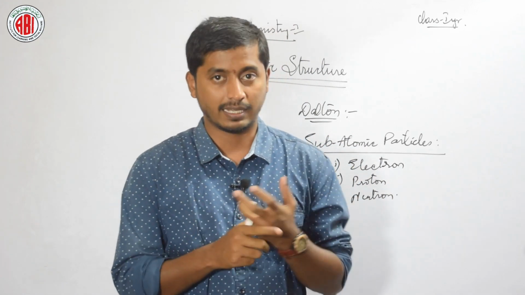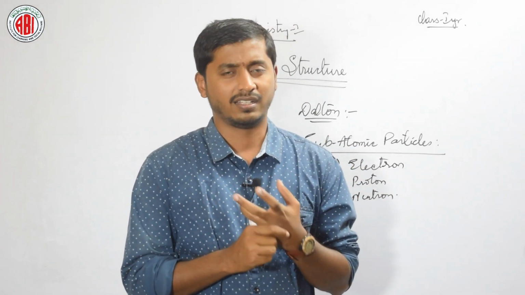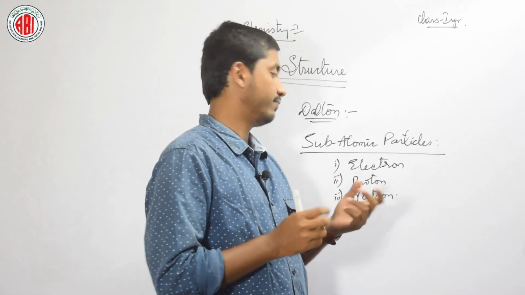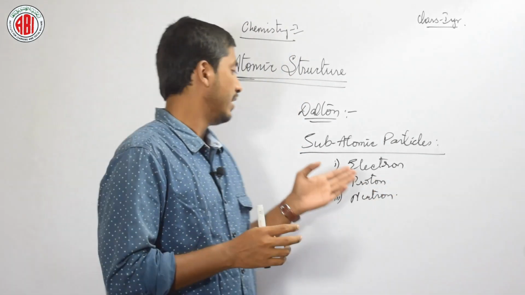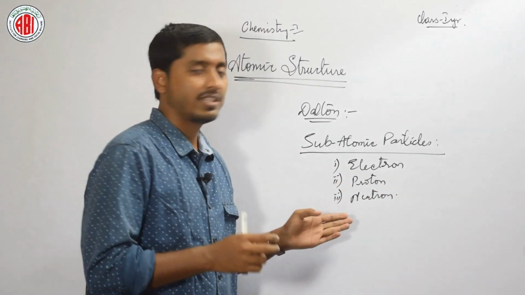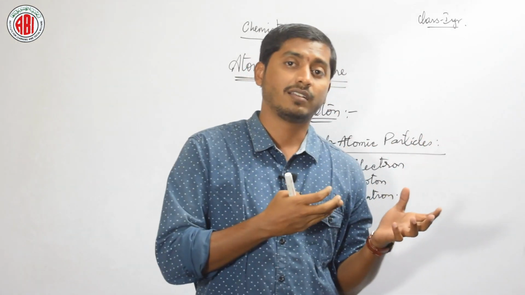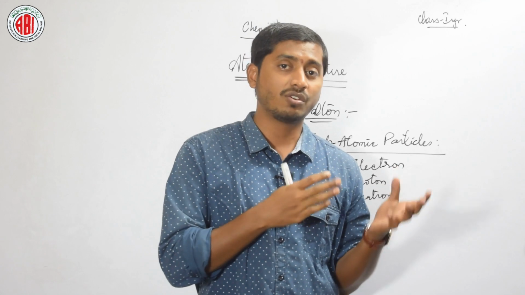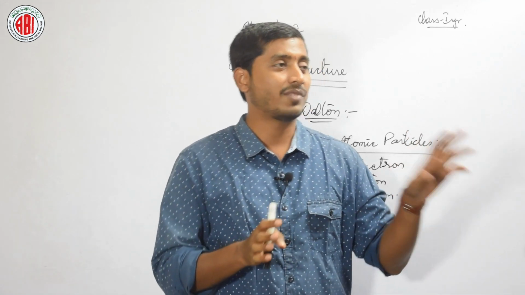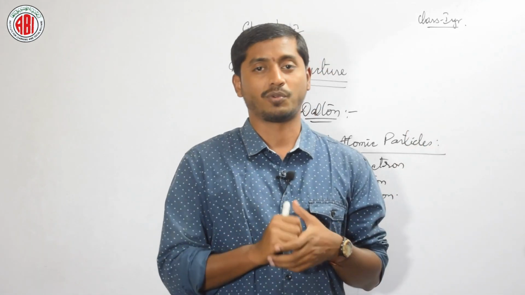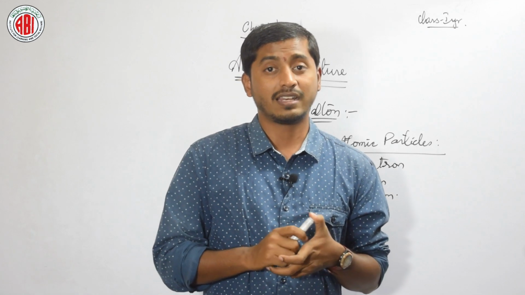We say that there is an electron, a proton, a neutron because someone discovered and named them. But in those days no one knew that there was something called an electron or a proton, isn't it? What is the reason?